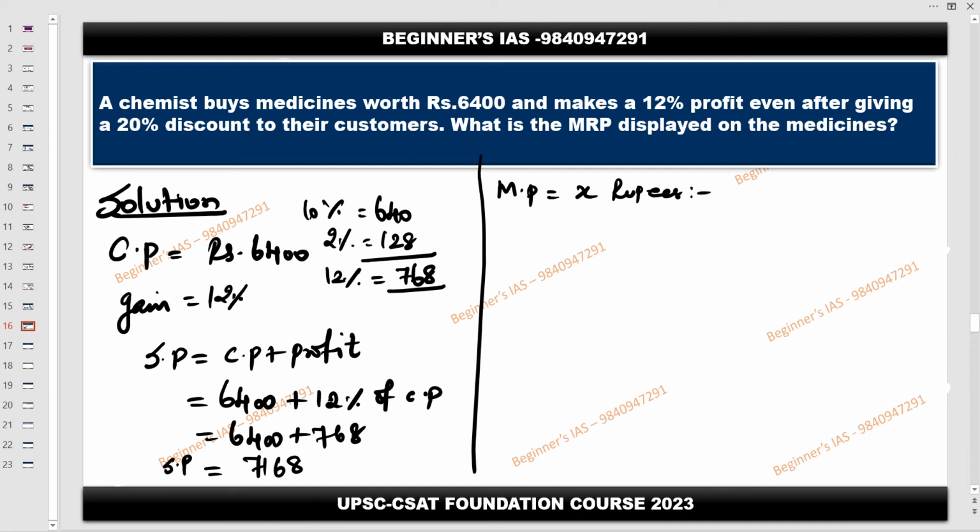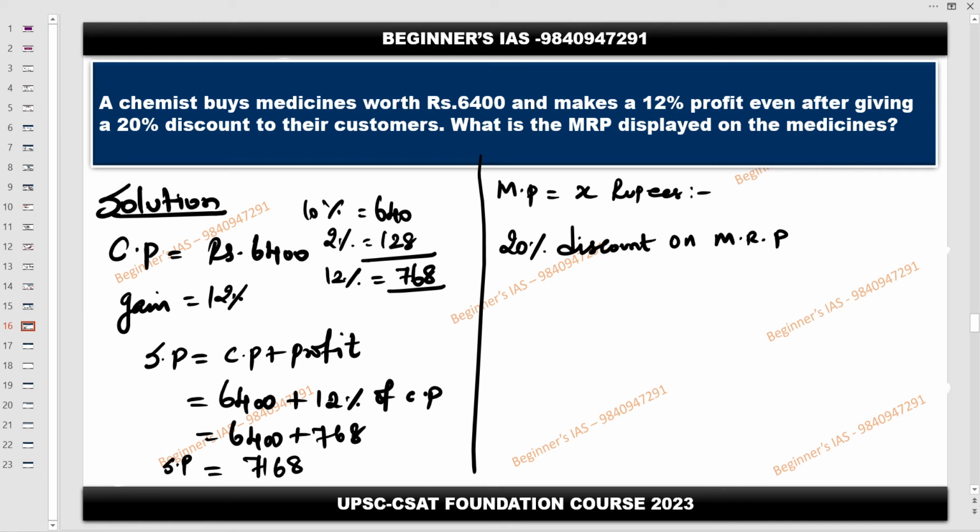The 20% discount is given on MRP, isn't it?